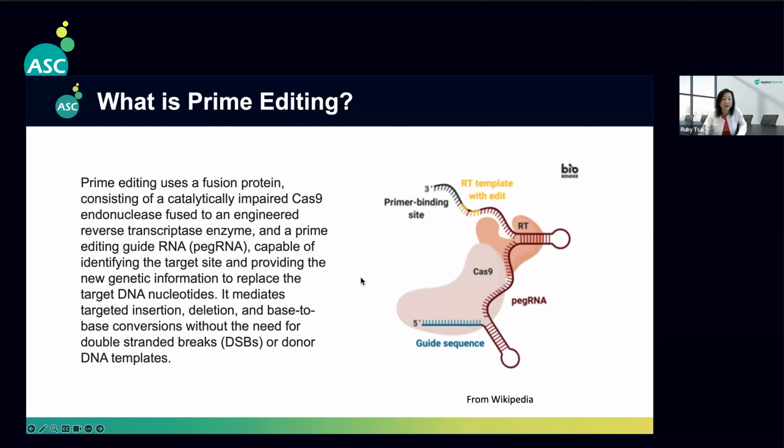And prime editing can identify the target sequence using guide RNA. Then it can replace DNA nucleotides without a DNA donor because the RT template can do gene replacement. So that's really the nature of prime editing, for gene insertion or deletion.